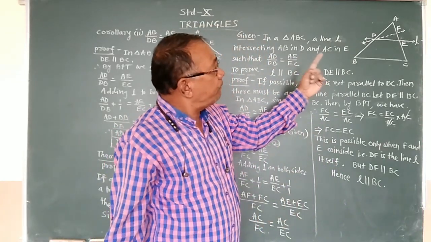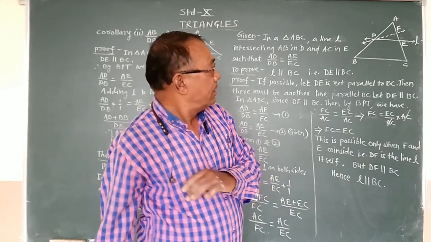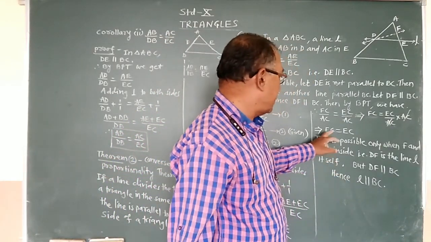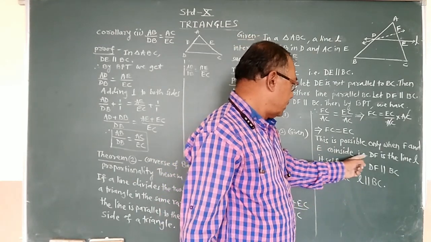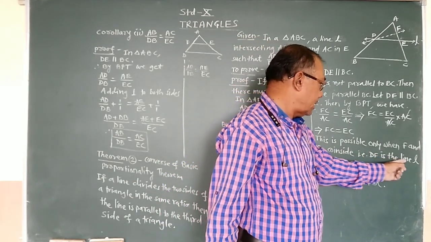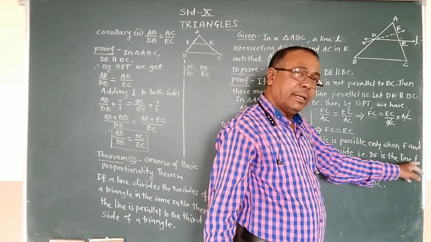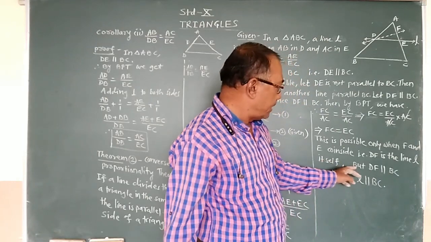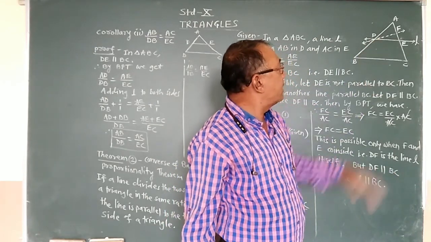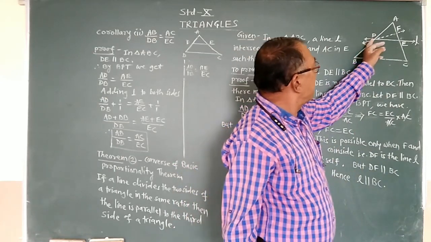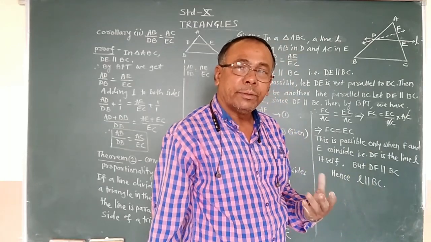Means F and E must coincide with each other. Then and only then FC is equal to EC is possible, and therefore DF is the line DE itself, but DF is parallel to BC. Means DE is parallel to BC.